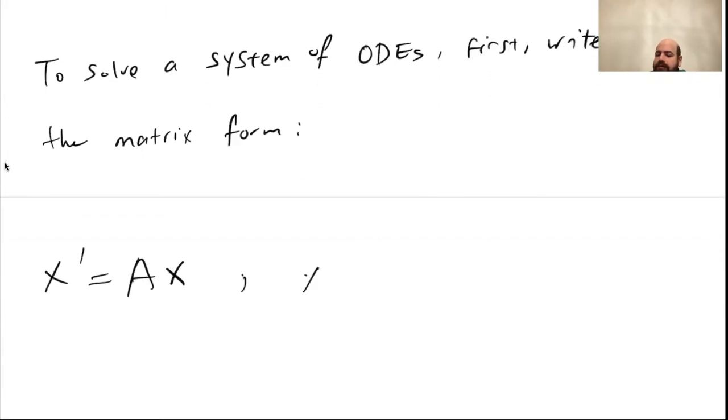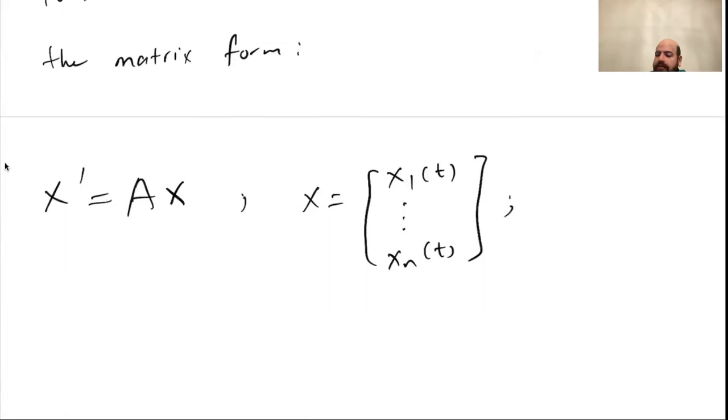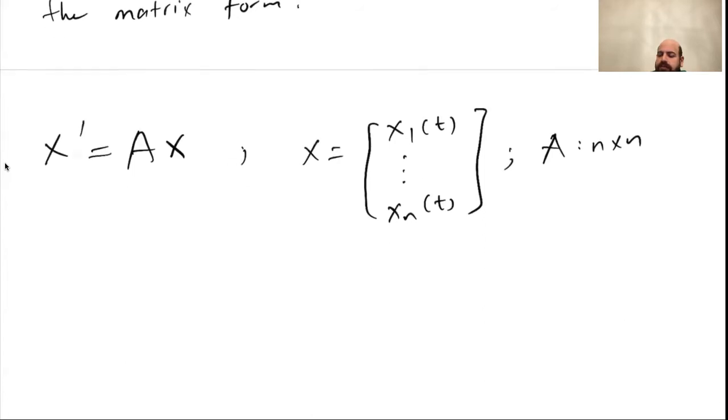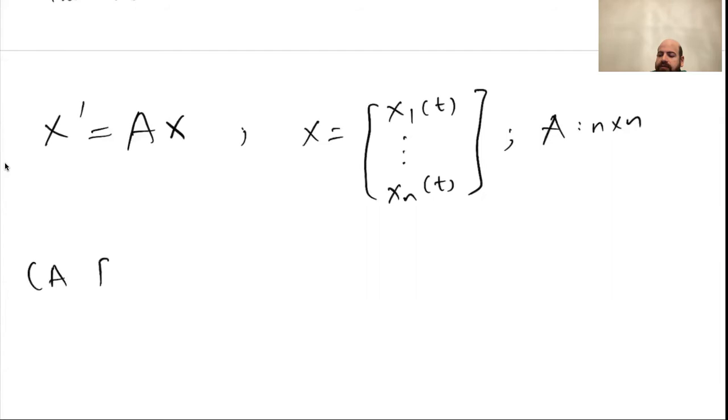And here x is our vector x1 of t to xn of t, and A is n by n. So basically we looked at a first order system of ODEs.